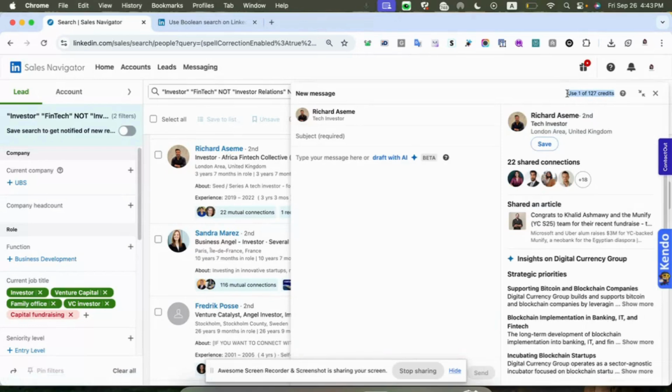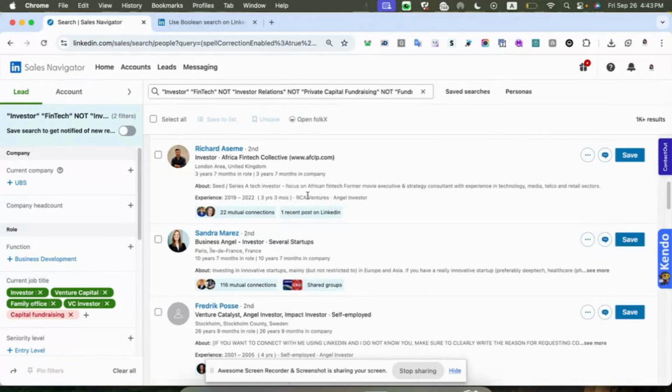Even though this connection is not a first degree connection, you still can message them, and it goes to their inbox, and they will be able to see it and reply back to you if they want to. But that will consume one credit. Every month, I think I have around 50 credits. So you can take advantage of that.